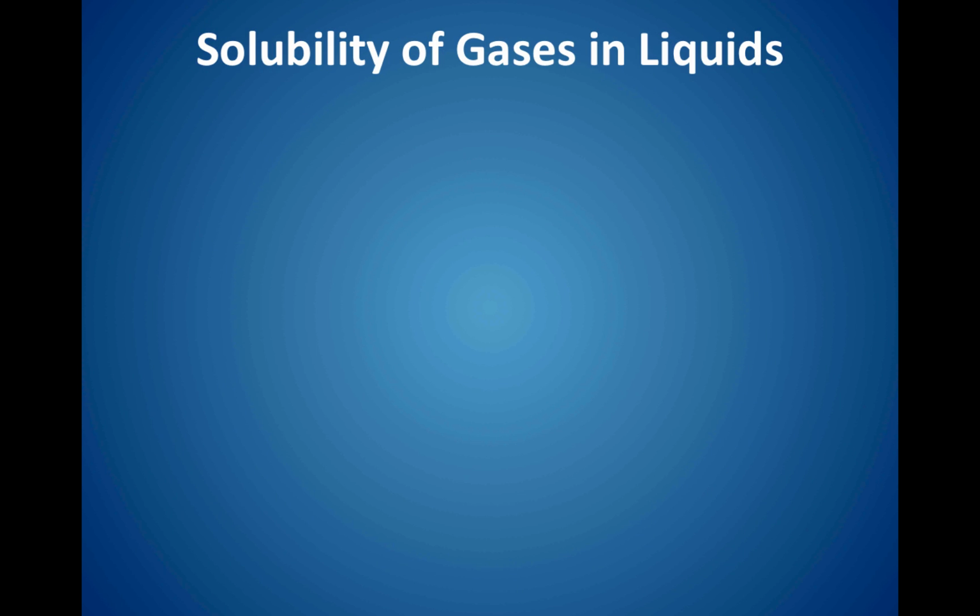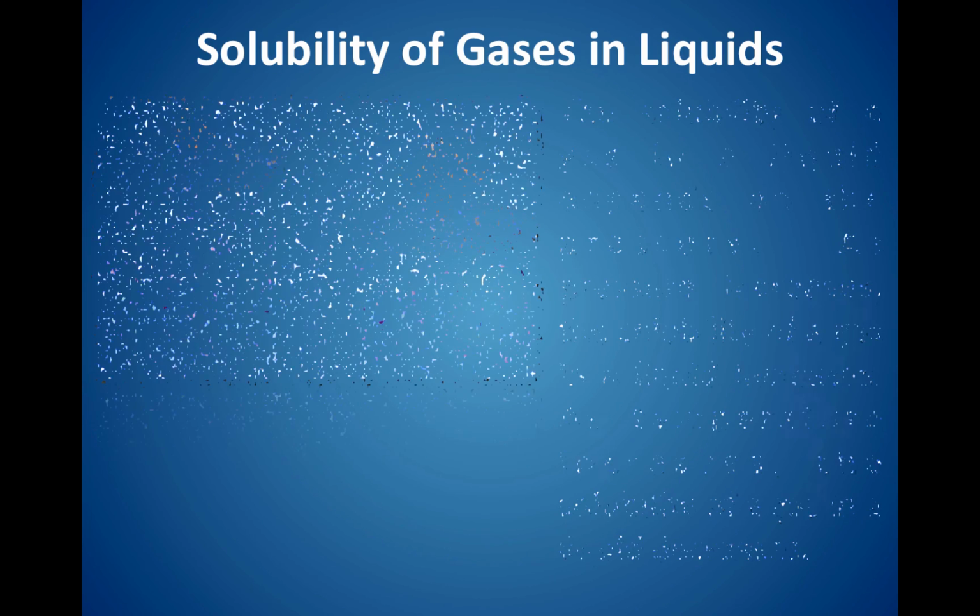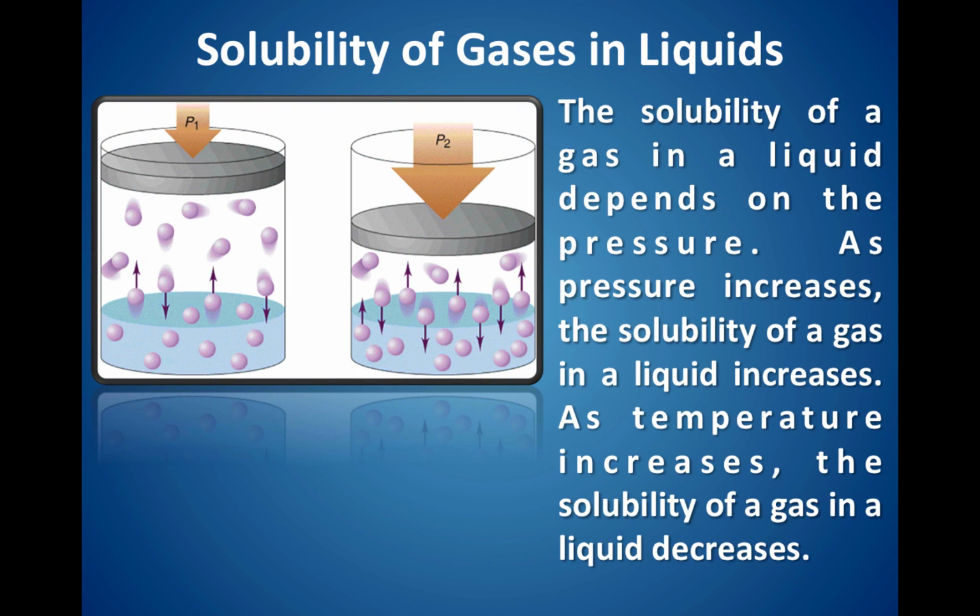Let's now consider the solubility of gases in liquids. In general, the solubility of a gas in a liquid depends on the pressure. As the pressure increases, the solubility of a gas in a liquid increases.